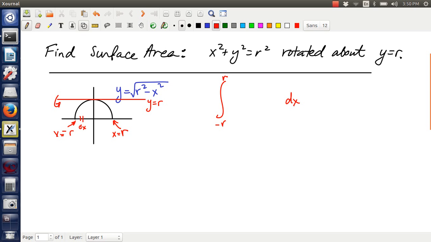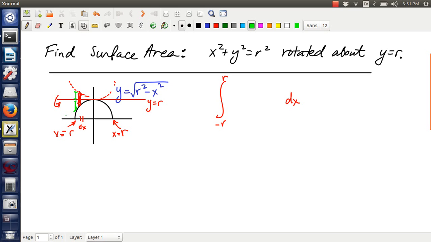What's going on? Right, so you're building little tiny cylinders, but you have to think about exactly where the cylinders are going to go. So you're going to actually be flipping around this axis. So you're going to be getting little cylinders like this. Okay, but you need to find this distance, the distance between here and here, or between here and here.